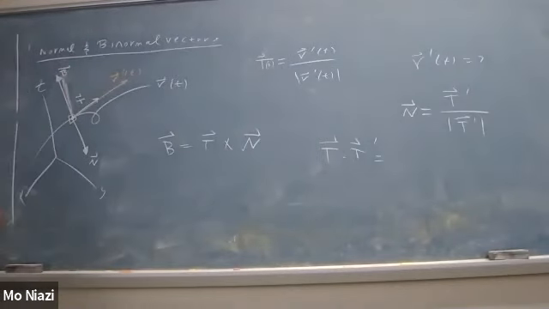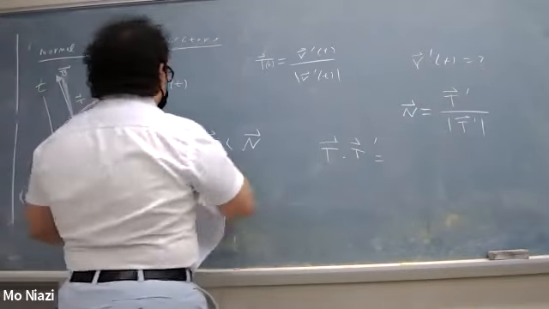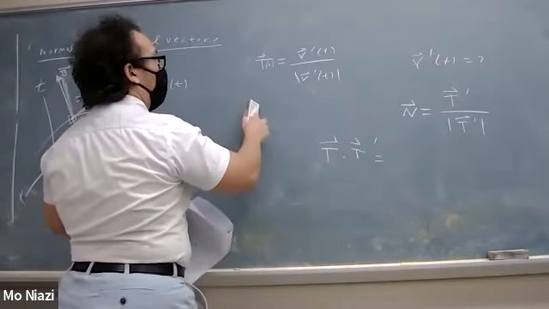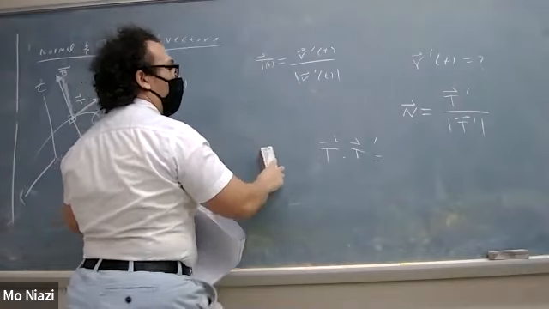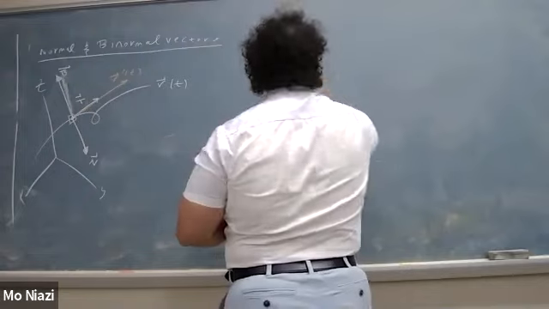So let's find a B in a concrete example. I need some space here.